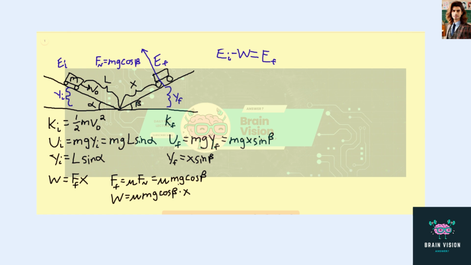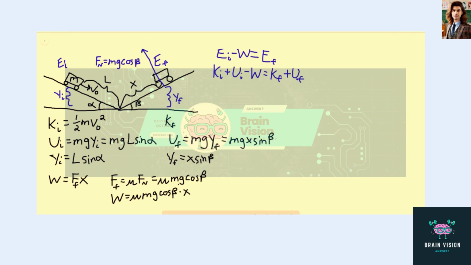So our total initial energy is just the sum of the initial kinetic energy plus the initial potential energy minus the work that's done. And that's the total final energy, which will be the final kinetic energy plus the final potential energy.